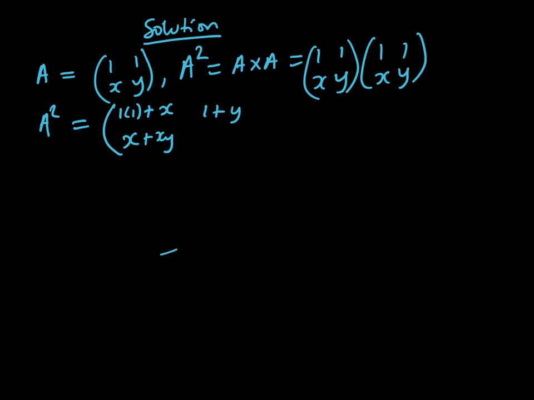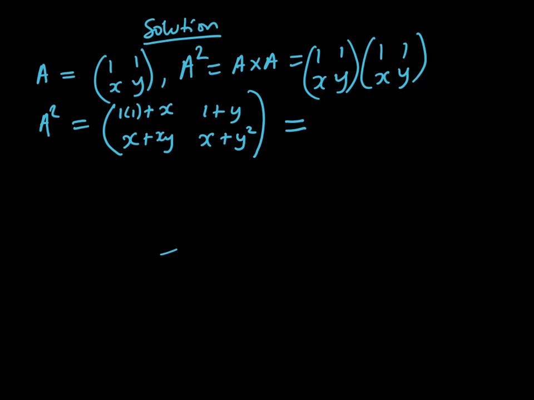Then we have x times 1 is x, plus... Oh no, there is a problem here. There's a very big problem. Let's revise this. Down a row, we have x times 1 is x, plus y times x, which is xy, then x times 1 plus y times y, so this is x plus y squared.